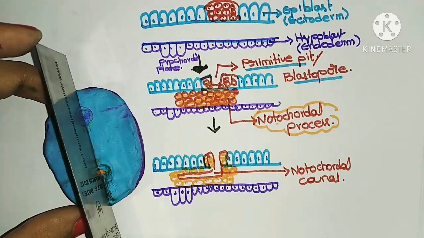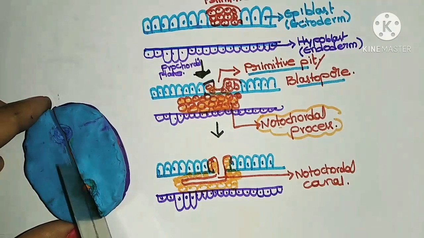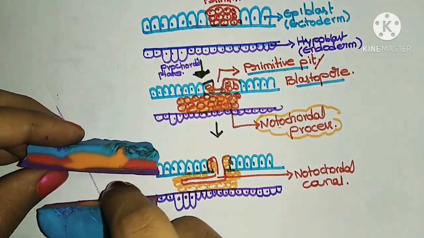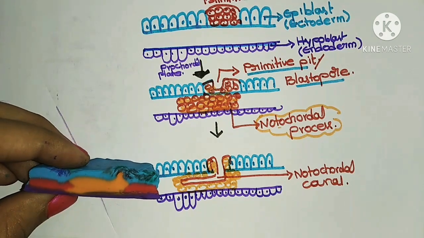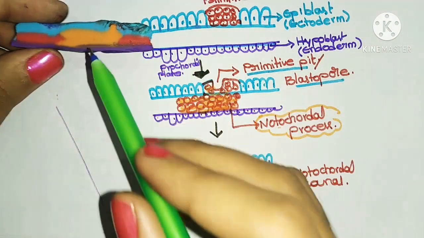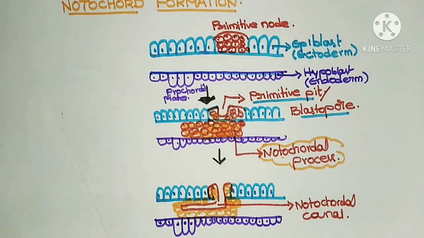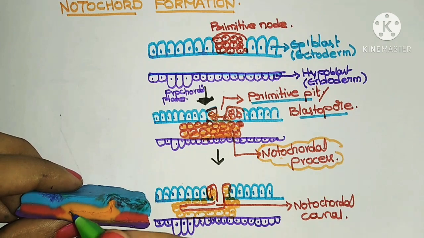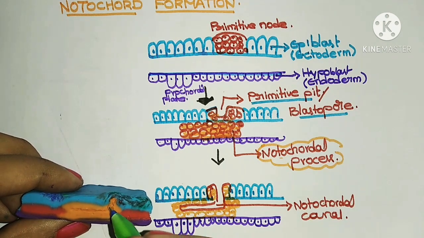If we cut this embryonic disc in sagittal section, we can see the process very clearly. Here we can see the notochordal process. From the primitive node, the notochordal canal will be formed like this.